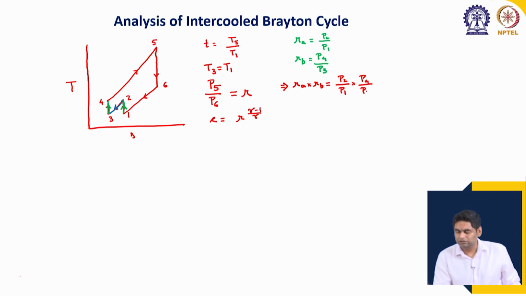Remember that P3 is equal to P2, because it is a constant pressure heat removal in the intercooler. So, P3 is equal to P2. So, this means that this is equal to P4 by P1.